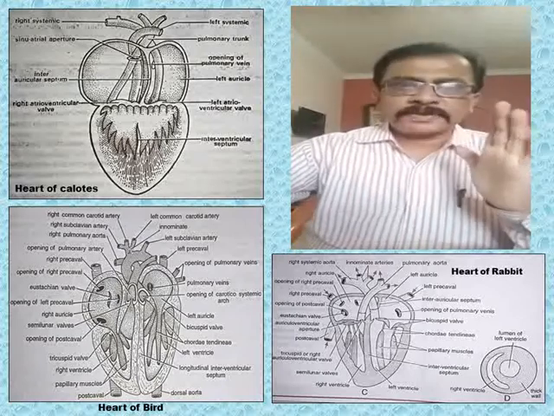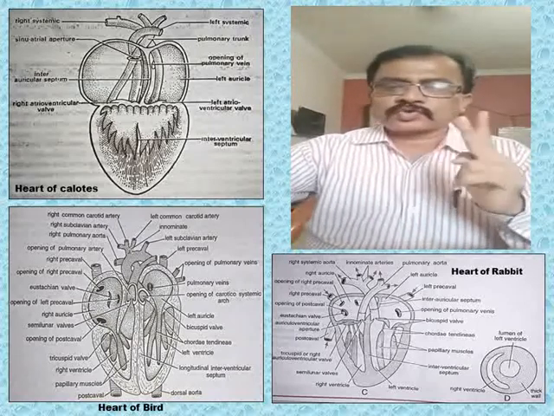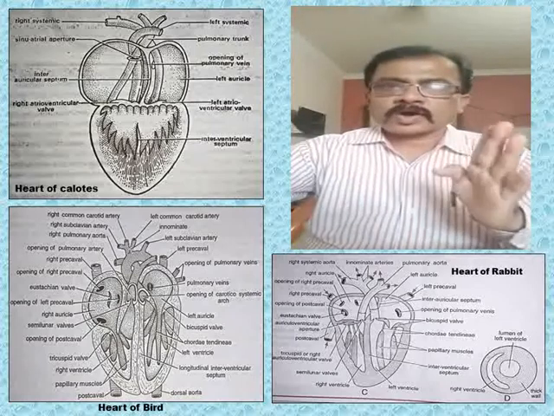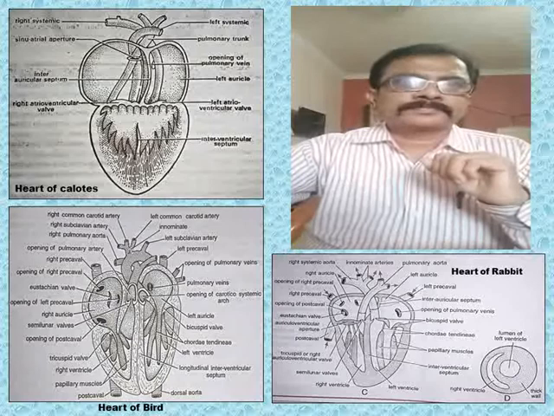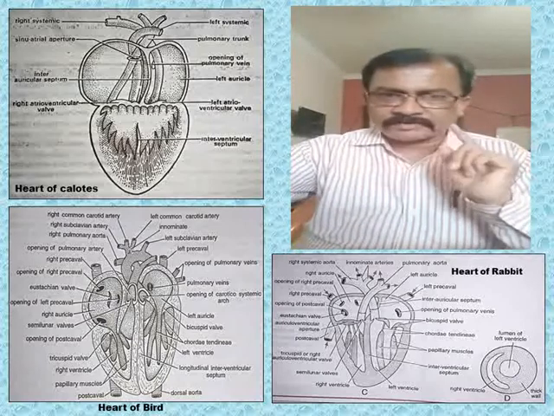But in case of pigeon, four chambered, two auricles and two ventricles. But ventricles are not demarcated externally. You will not find the mark which shows the right and left ventricle.